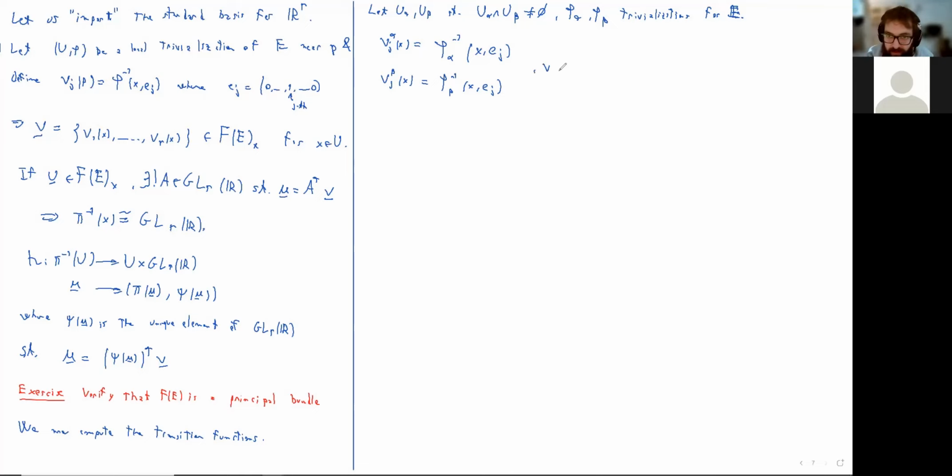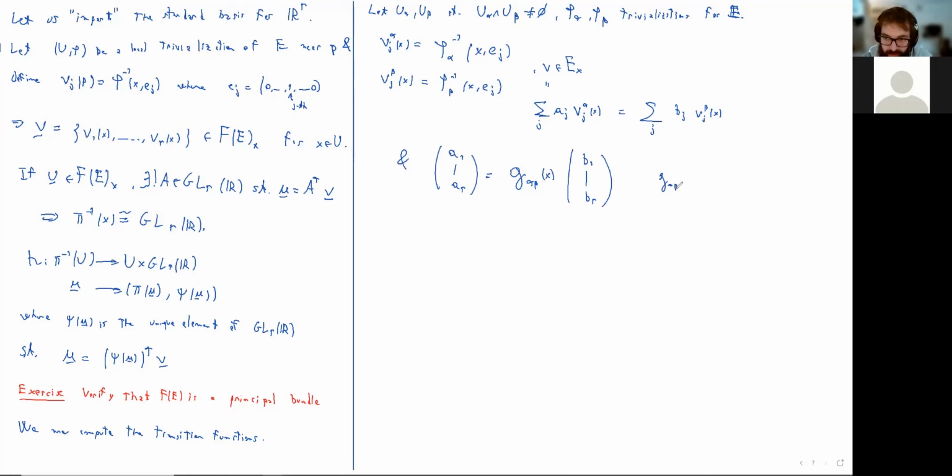And now if we take V in E x, then this can be written in two ways: as the sum over j of a j V j alpha of X, but also as the sum over j of b j V j beta of X. And furthermore, we know that this A1 to A r is nothing but G alpha beta of X times B1 to B r. And these G alpha beta are the transition functions for E. Yeah, so this is all for E.